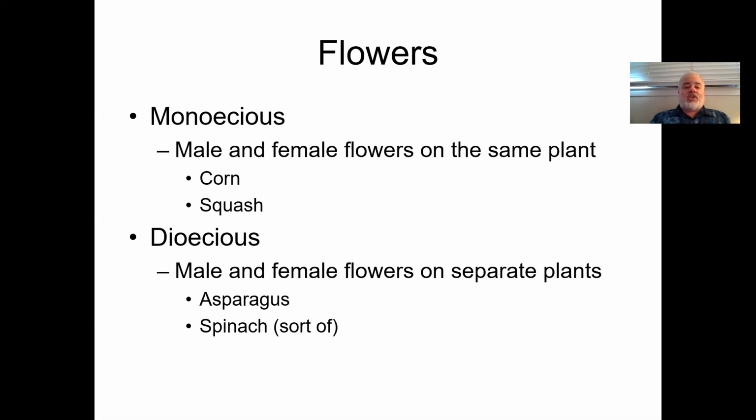More flower terminology. There is monoecious. Mono means one. Monoecious is male and female flowers are on the same plant. One plant, male and female flowers. Dioecious, male and female flowers are on separate plants. So you literally have a plant with male flowers only or a plant with female flowers only, and you talk about them as male and female plants.